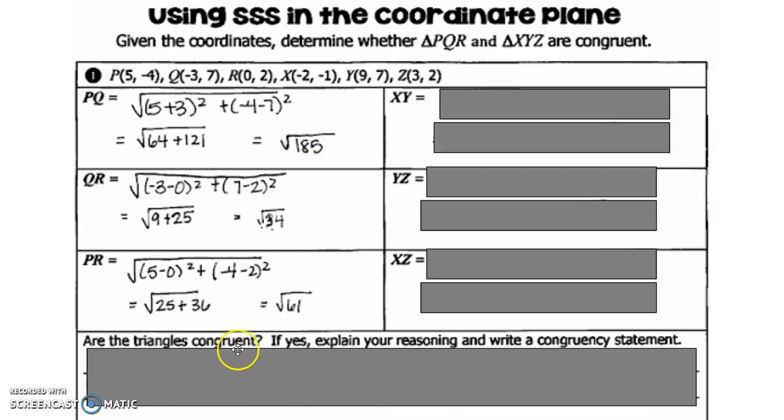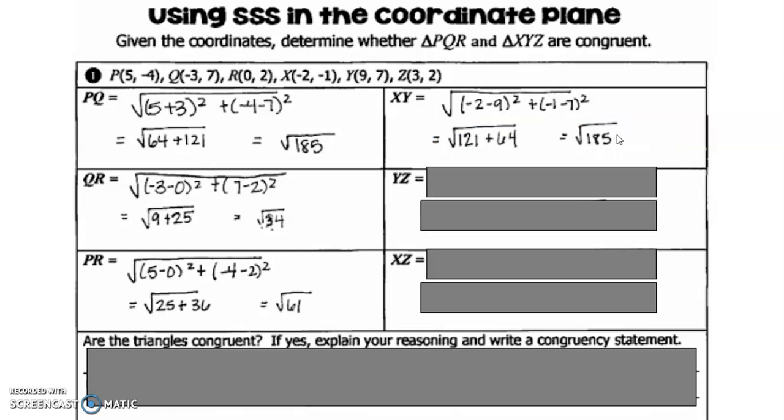We're going to do the same exact process for our other triangle. So we're using those ordered pairs this time, and we're going to write out our distance formula. So the square root of negative 2 minus 9 squared plus negative 1 minus 7 squared. And we're going to simplify that down to the square root of 185. The next one is YZ.